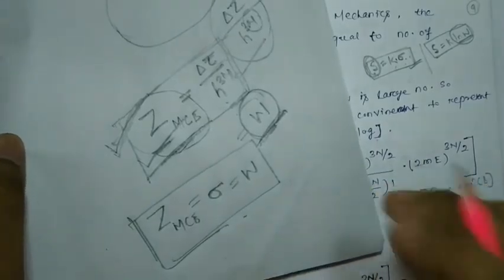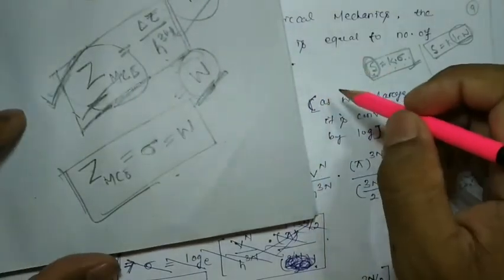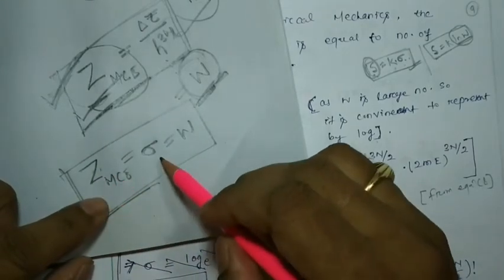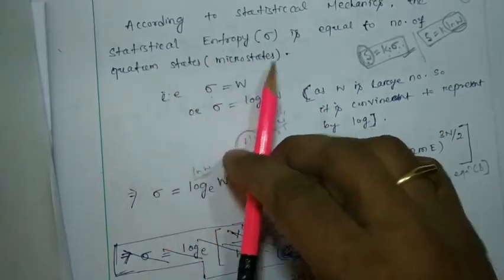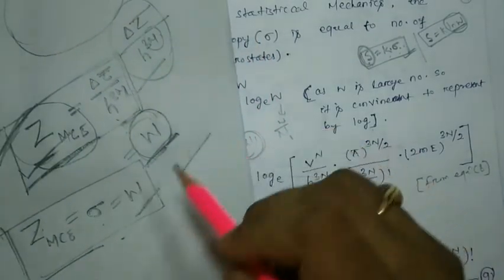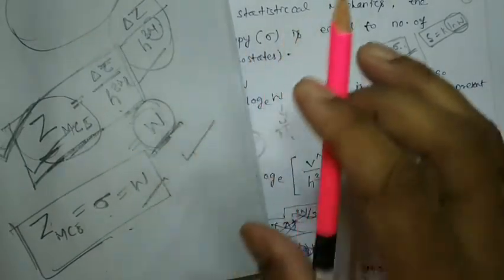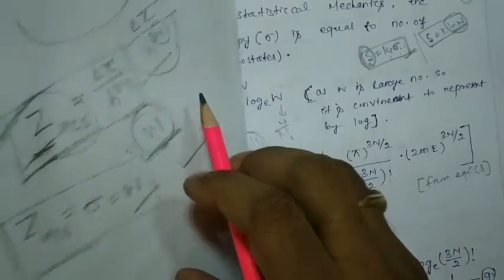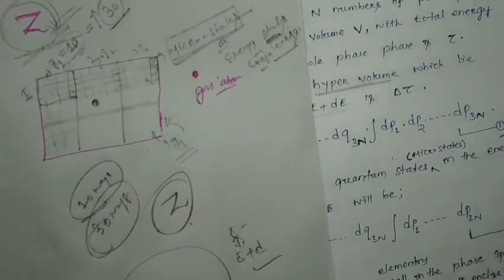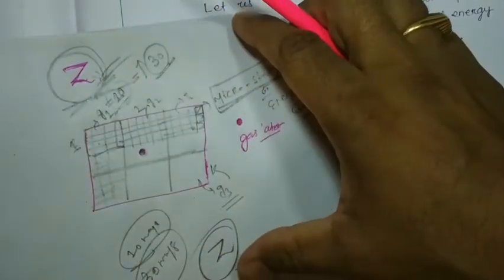So hence in case of microcanonical ensemble, partition function, thermodynamical entropy, statistical entropy sigma and W all are equal, which represents the number of quantum states, or the number of microstates, or the number of energy levels. So again I suggest to all of you that you write what we discussed somewhere with a short note.